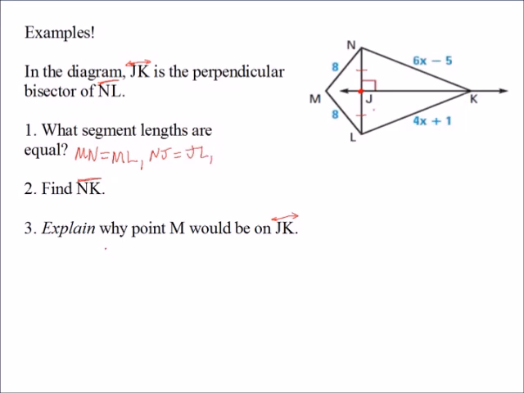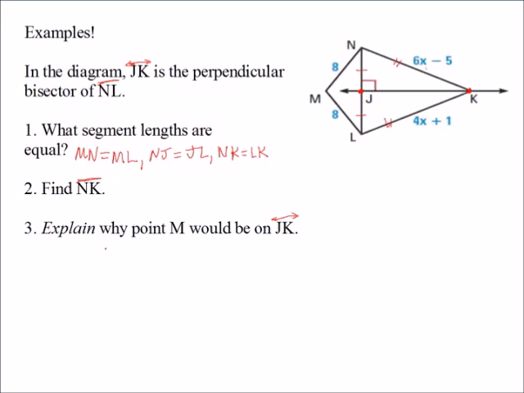And finally, being that JK is the perpendicular bisector, point K is going to be the same distance to N as it is to L. So NK is going to be congruent to LK. So we know these three segment lengths are going to be congruent.